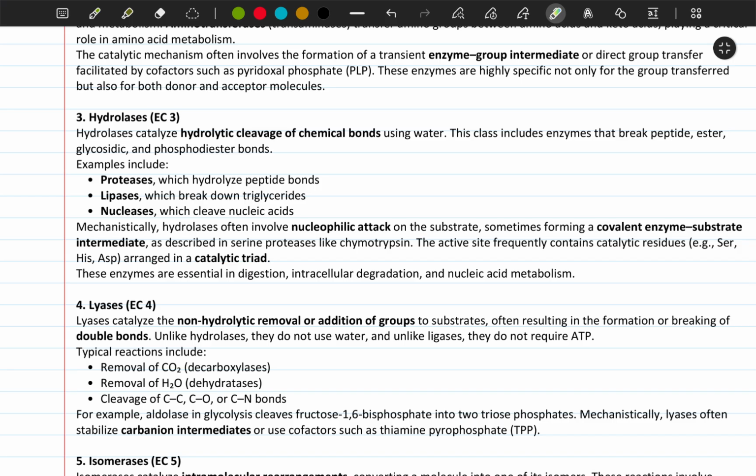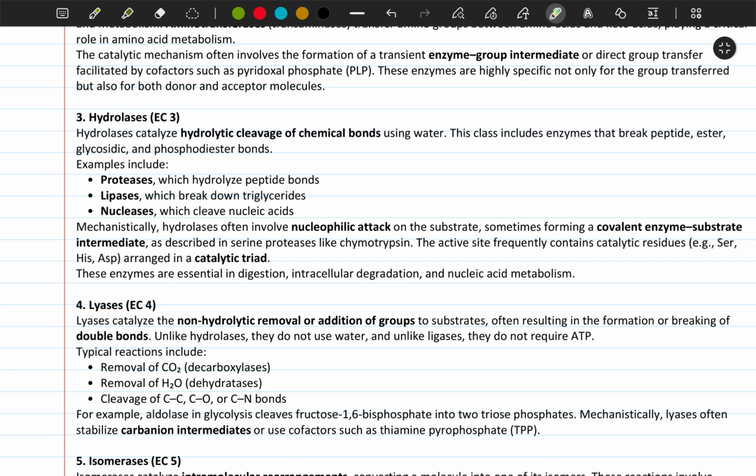As described in serine proteases like chymotrypsin, the active site frequently contains catalytic residues, for example serine, histidine, aspartate, arranged in a catalytic triad. These enzymes are essential in digestion, intracellular degradation, and nucleic acid metabolism.